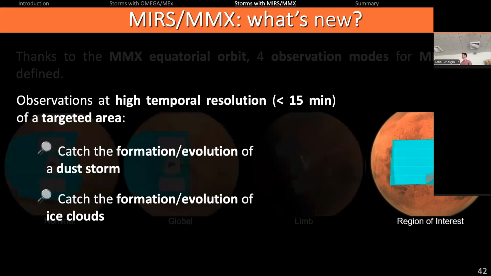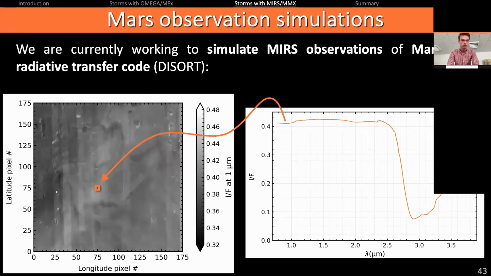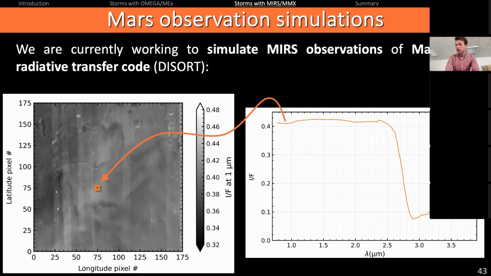This is for me the most interesting observation mode, which will allow us to have MIRS observations every 15 minutes for many hours, which will be the final product of MIRS.